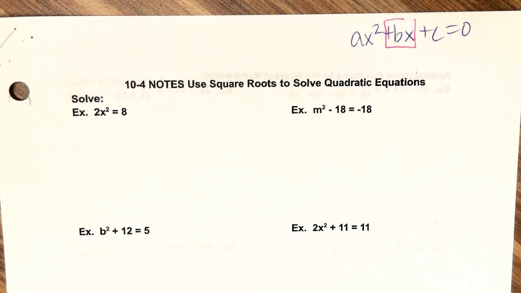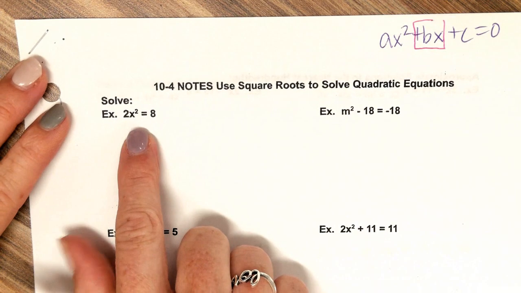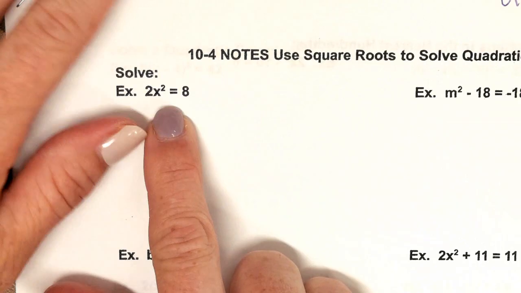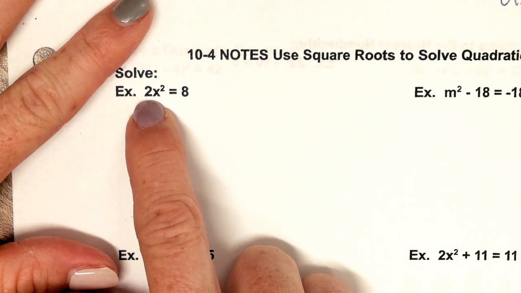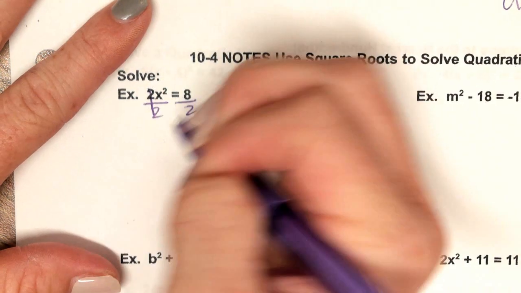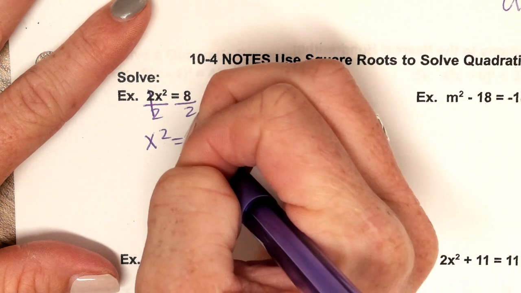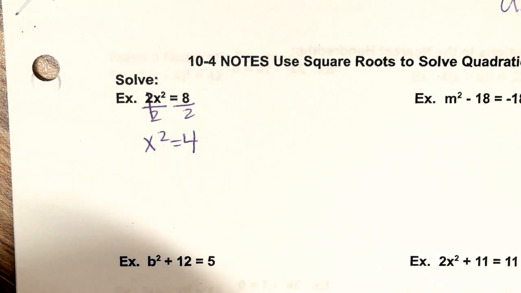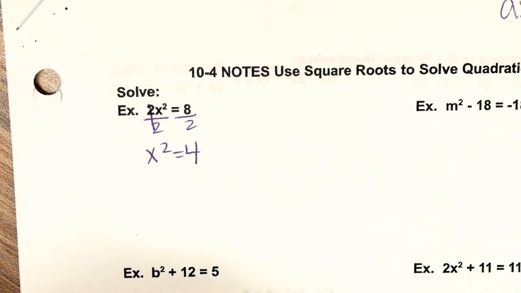So what you would do is you would solve the equation like you would do normally, like isolate the x. How would I get rid of the 2? Divide both sides by 2. And I would have x squared equals 4. Now, to isolate the x, you do the opposite, the inverse operation, right?